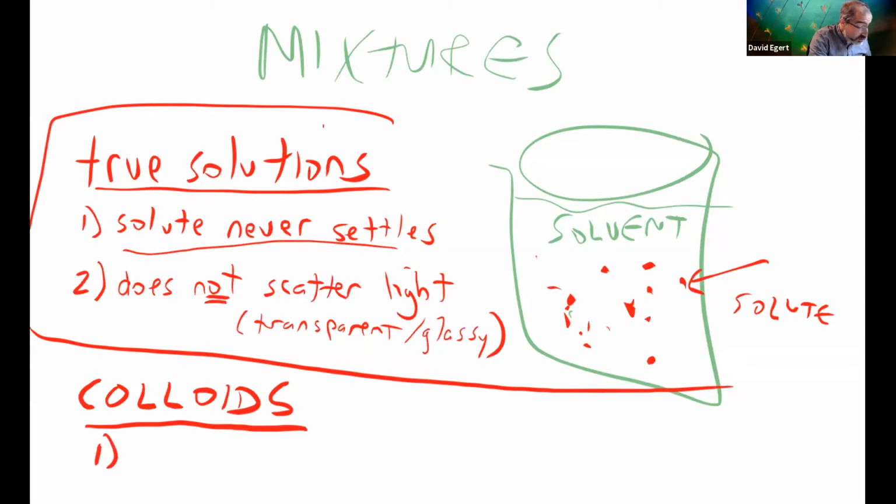So there's still the solute never settles, so things do stay in solution, but the big difference is that they do scatter light. If you look at them, they tend to look kind of milky.